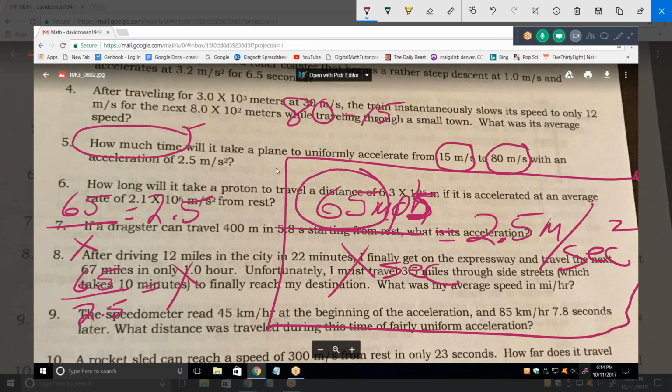So the units, you can be sure, will work out. The only thing you have to know is whether you're accelerating or decelerating. If you're decelerating, your acceleration is negative. But if you're going from a slower speed to a faster speed, you're accelerating.